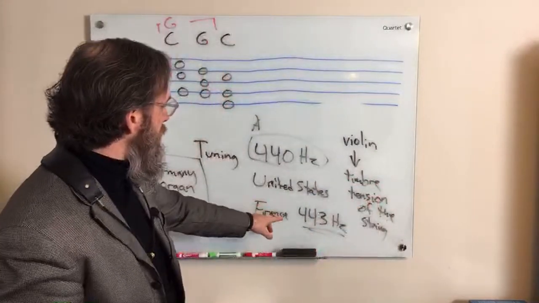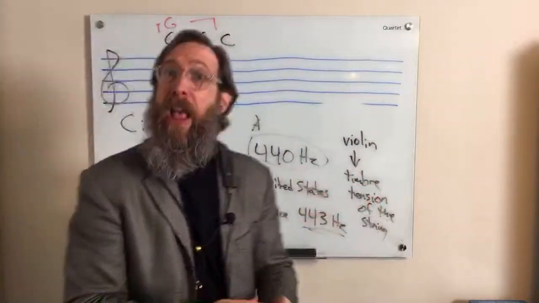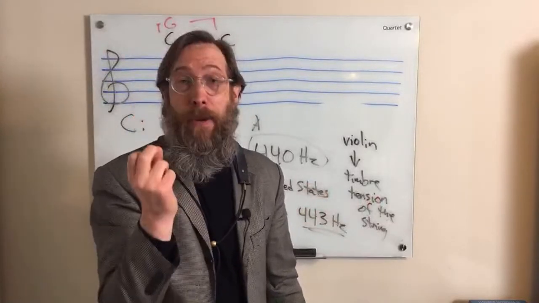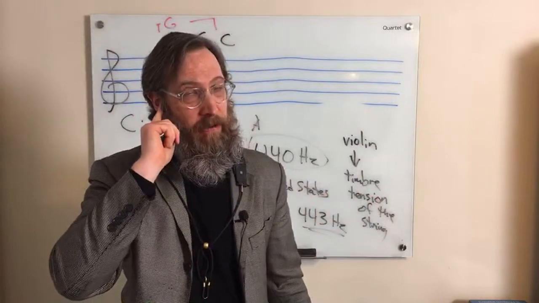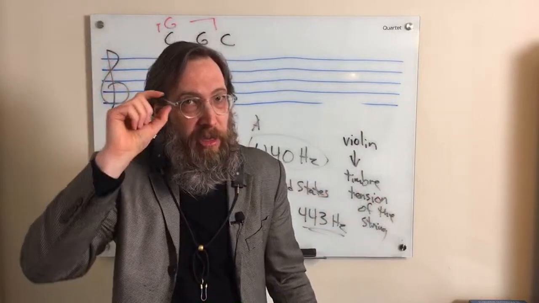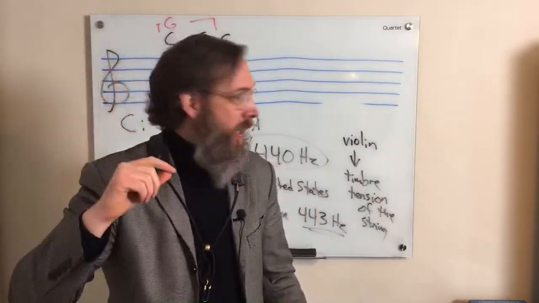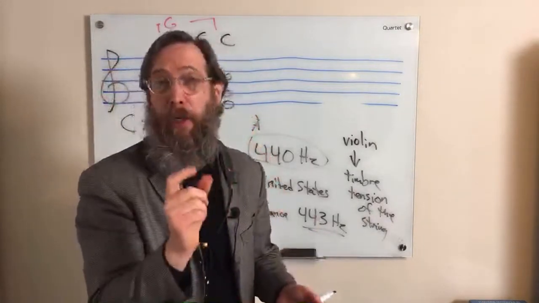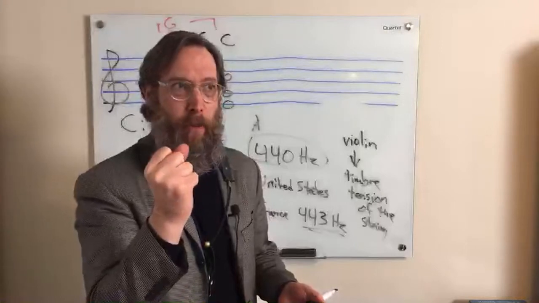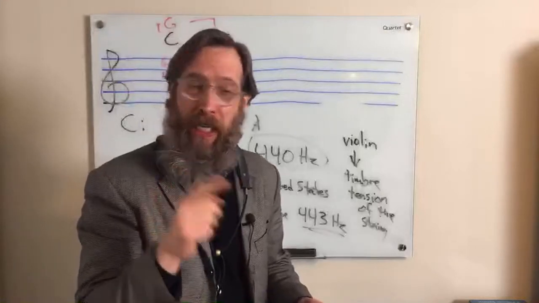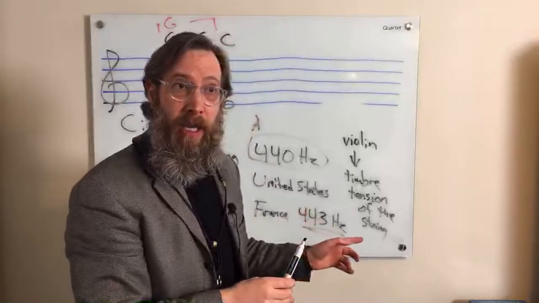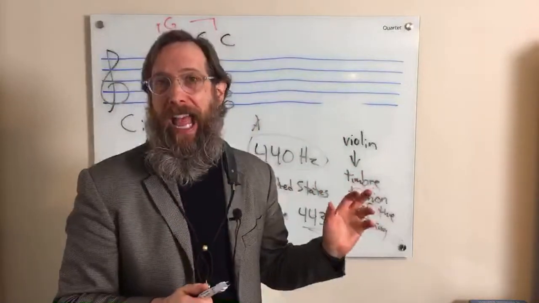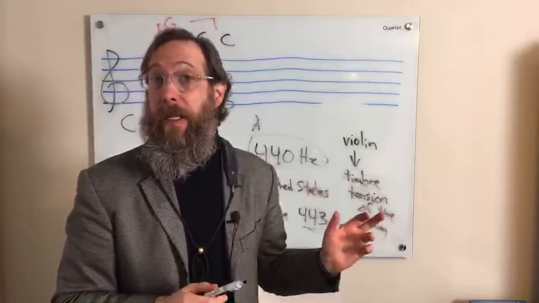If you tune to 443 versus 440, there's more tension on that string, and therefore the timbre, not only the pitch, is slightly different, right? So the pitch goes up 3 cents or whatever the equivalent is, but the timbre changes. It gets a little bit more strident, a little bit more piercing when you tune a little bit higher. So it has to do with the timbral effect it has, especially for string instruments.